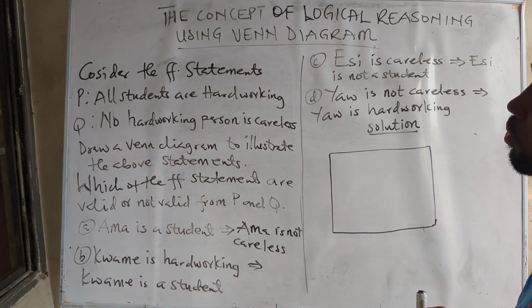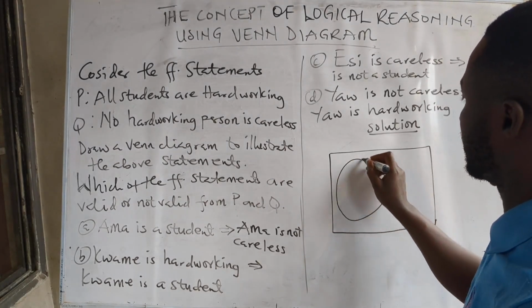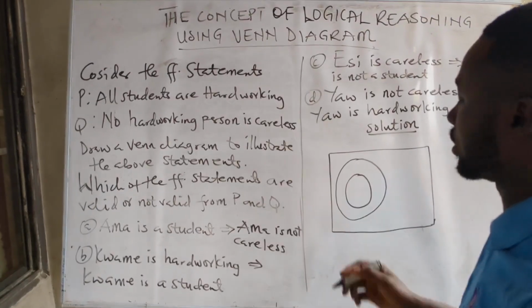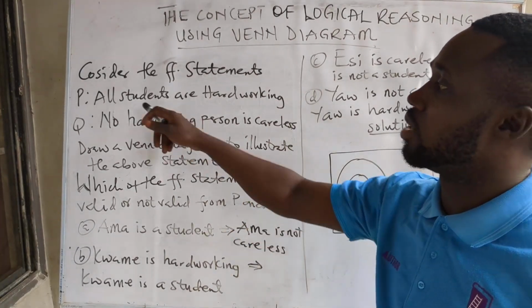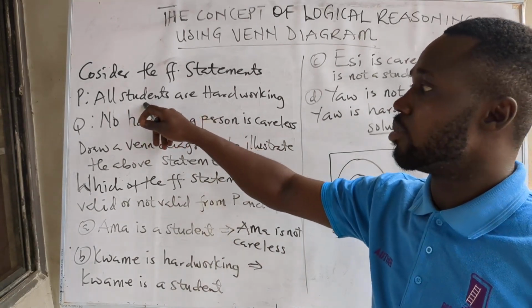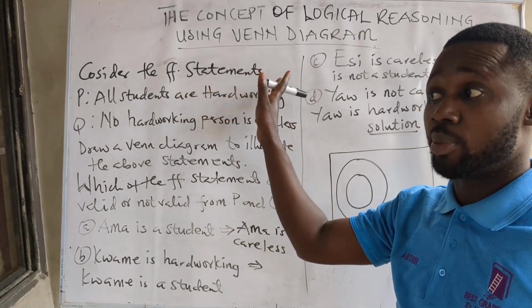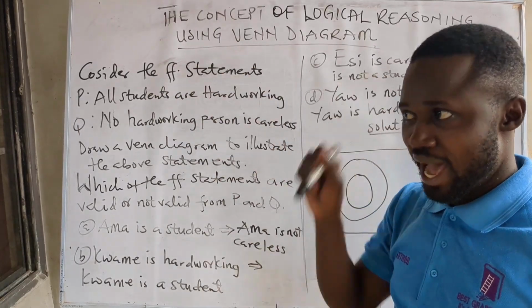All students, so all, it means one will be the subset of the other. So you take note of that. For an easy way to identify it, whatever he is talking about first, after the "all", is a subset of the next one. All students are hardworking.